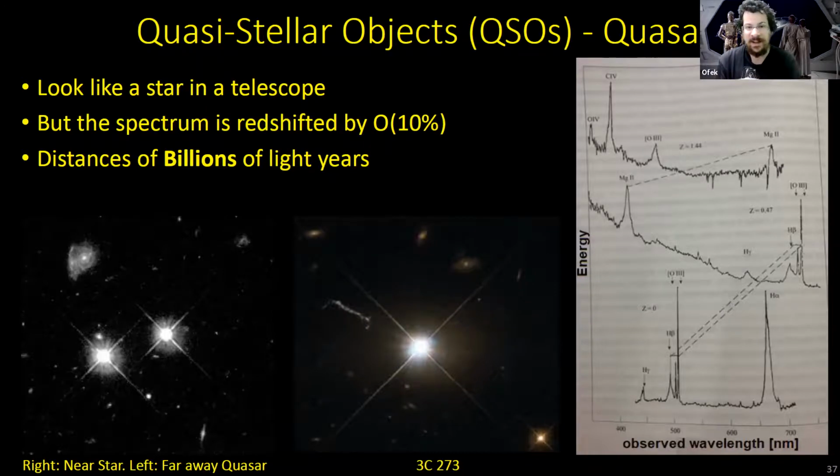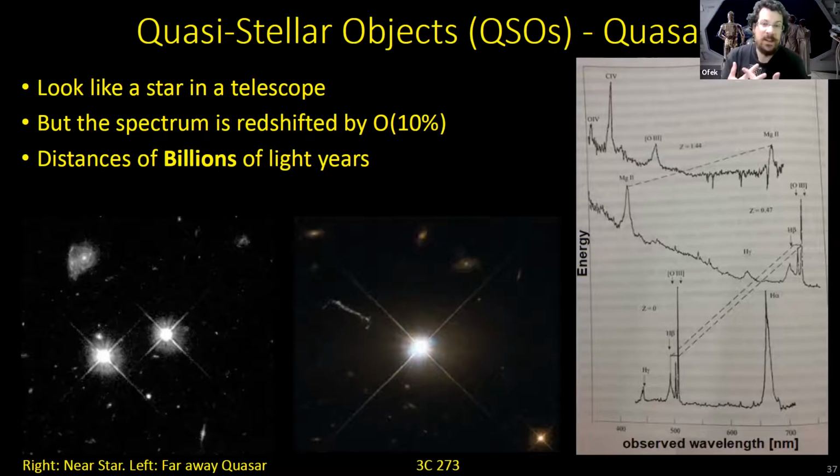And in fact, it can't just be a faraway star, because if something emits light with the luminosity of a star, and it's so far away, we wouldn't see it at all. The brightness would be too low. To look like a star and be as far away as billions of light years, it basically has to have a luminosity close to a full galaxy, or fractions of the luminosity of a galaxy.